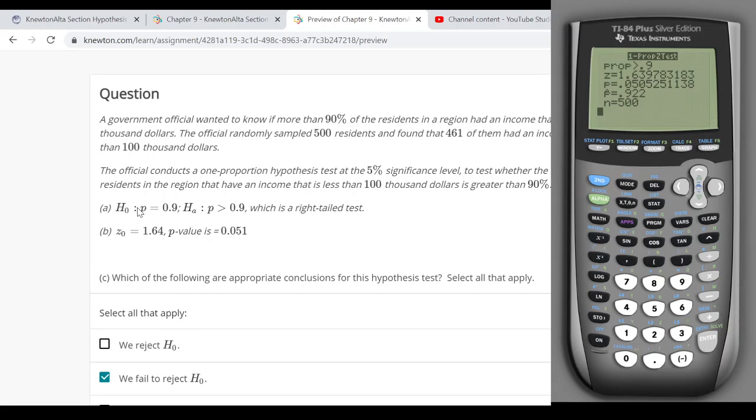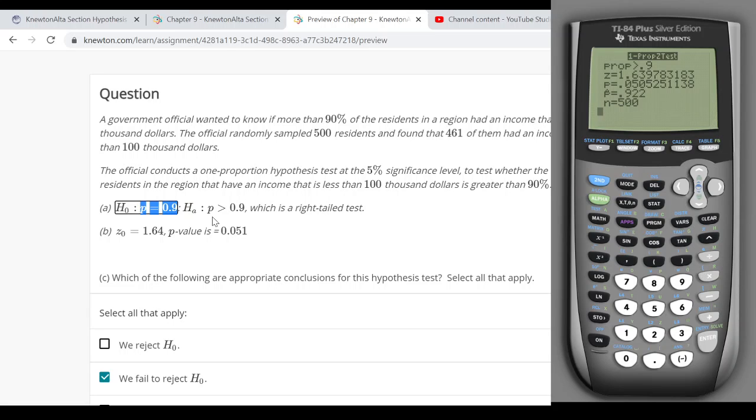And if we're not rejecting it, that means we're keeping it. We're keeping this, meaning that we're not keeping the alternative, which was what they were testing, which is what the official was wanting to know. I guess you could call it the claim. So if we're keeping this, we're not keeping the alternative.